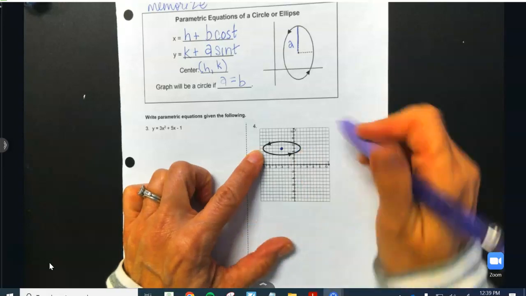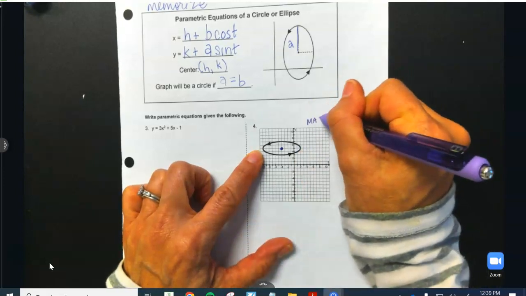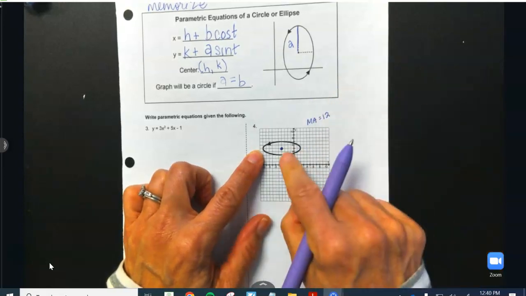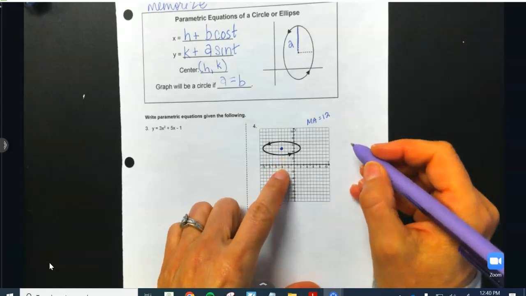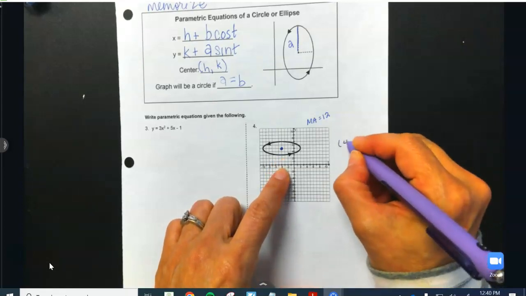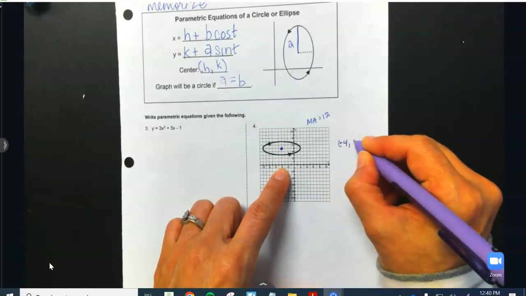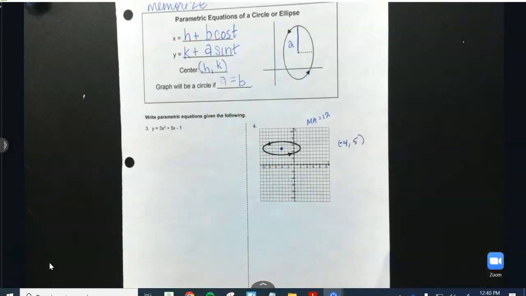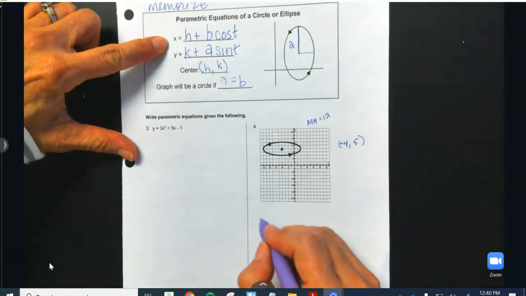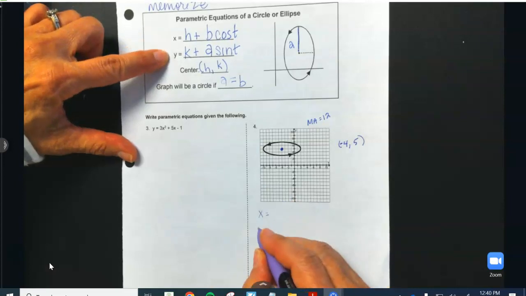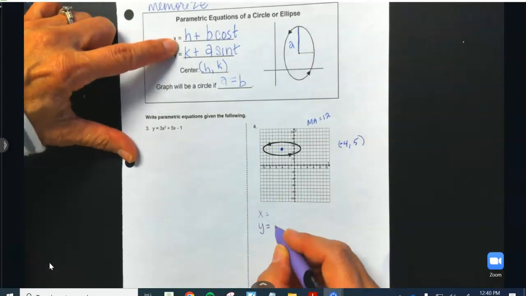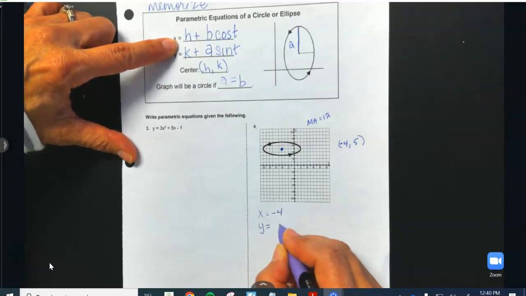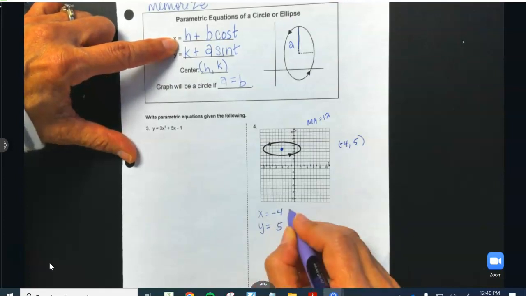So I'm counting all the way across. I know the major axis is 12, so I went back 6 places and found the center. So H, K is going to be negative 4, 5. Okay, so I'm going to write x equals, and I'm going to write y equals. Then I'm going to put my h and k in the little template, draw a plus sign.